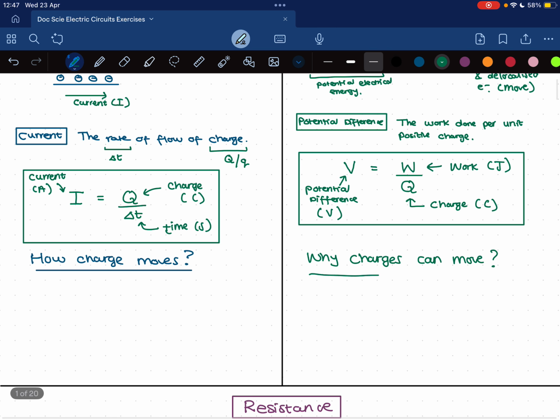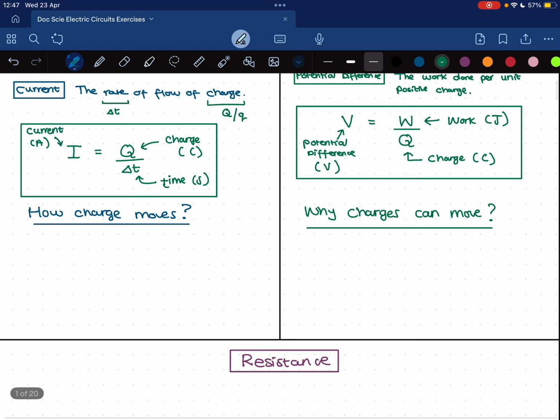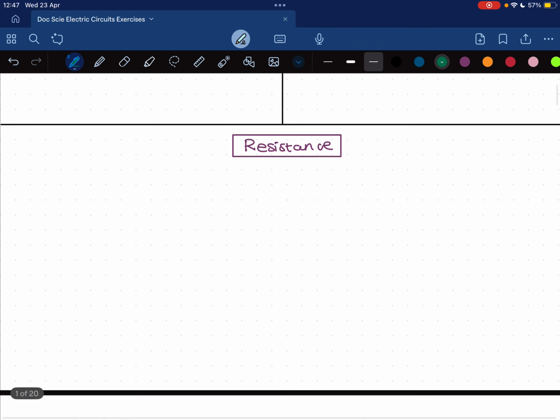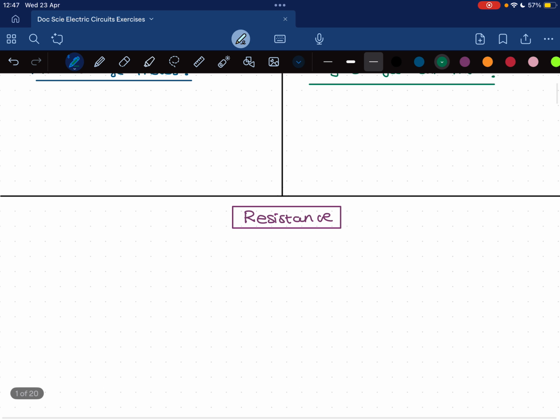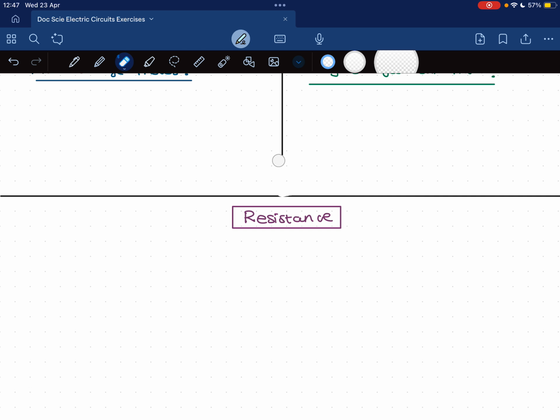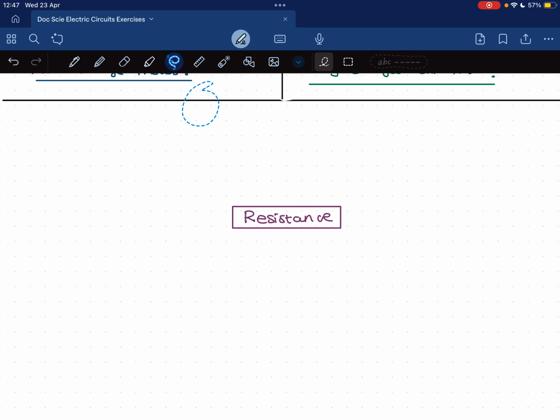Okay, so that is essentially those two fundamental topics. Now we look at resistance. Resistance is going to look at the relationship between these concepts.